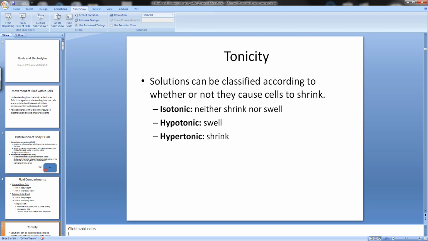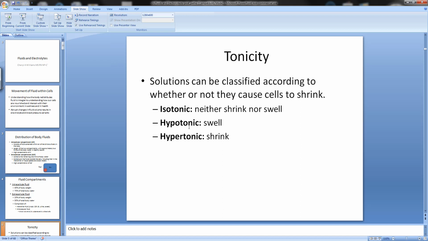Other issues that we need to look at are issues of tonicity. Tonicity refers to whether cells will shrink or swell. Isotonic means that they remain the same size. Hypotonic, I think of as swelling.